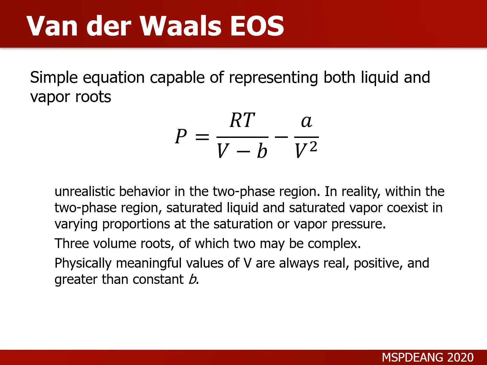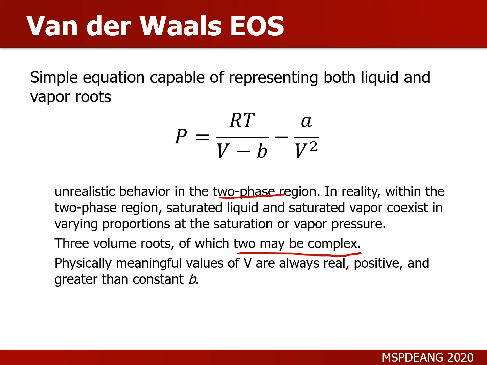And you can also rearrange the van der Waals EOS in this manner. Ayan. So you have a cubic EOS of which two roots may be complex, especially if you're above the critical temperature. However, pag nasa below the critical temperature ka, you have an unrealistic behavior in the two-phase region.